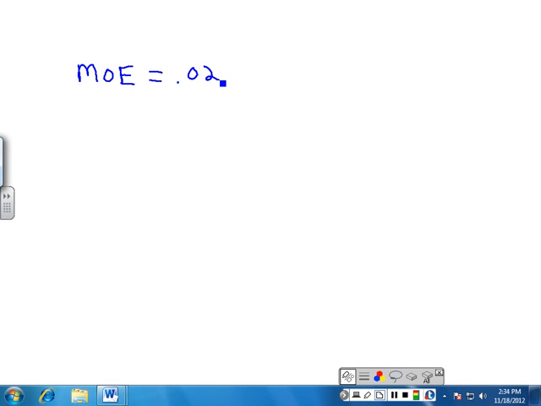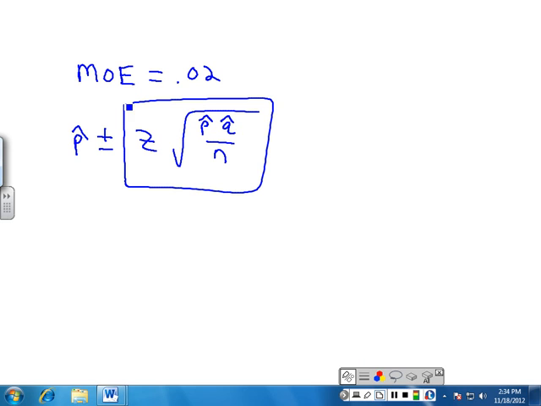So the confidence interval for the population proportion is going to be p hat, the sample statistic, plus or minus z times the square root of p hat q hat over n. And again, this is the margin of error, which is our 0.02.